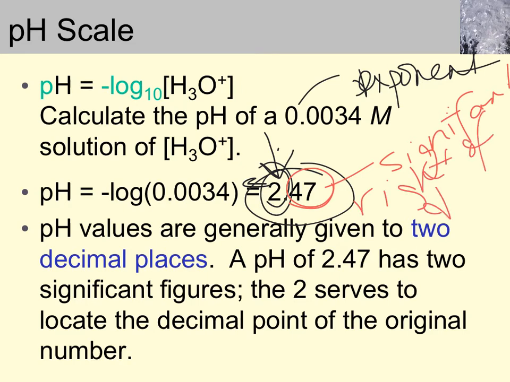So 2.47, pH at 2.47, since it's a logarithmic value, only has 2 sig figs.